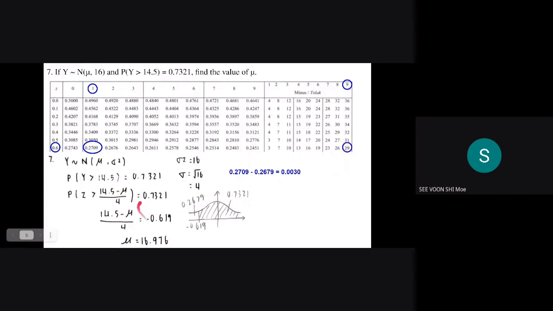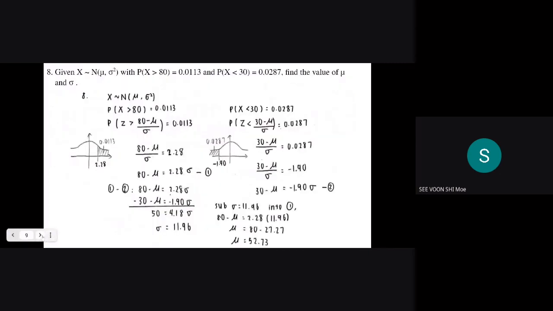So we can conclude that the number we find is 0.619, and it is located at left side of the graph. So we need to put a negative here. This value is negative. So after calculating, we can get the value of mean is 16.976.